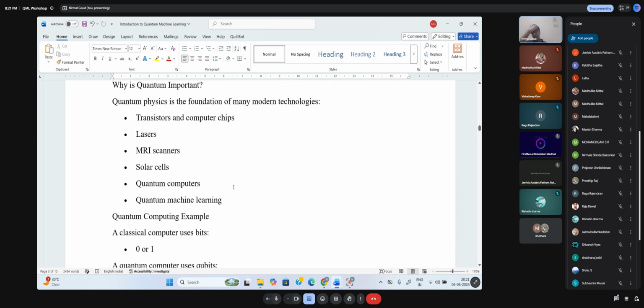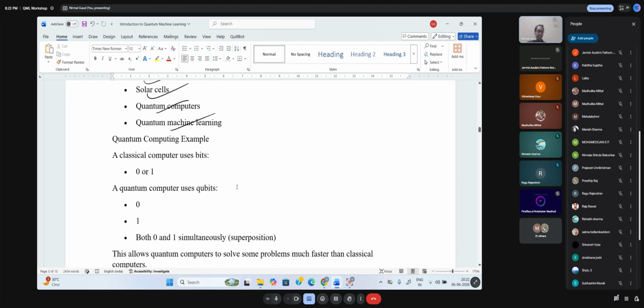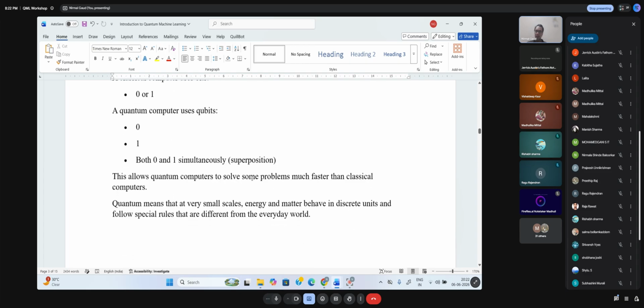So far, we understood that particle energy multiple states are possible in quantum, and such concepts are used in building transistors, chips, lasers, MRI scanners, solar cells, quantum computers, and quantum machine learning. That is what our concern is. Quantum computers can use qubits, which can be 0, 1, or both simultaneously because of superposition.